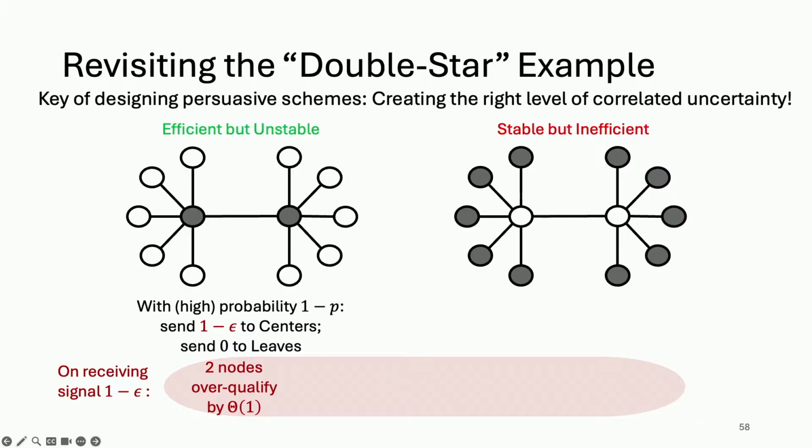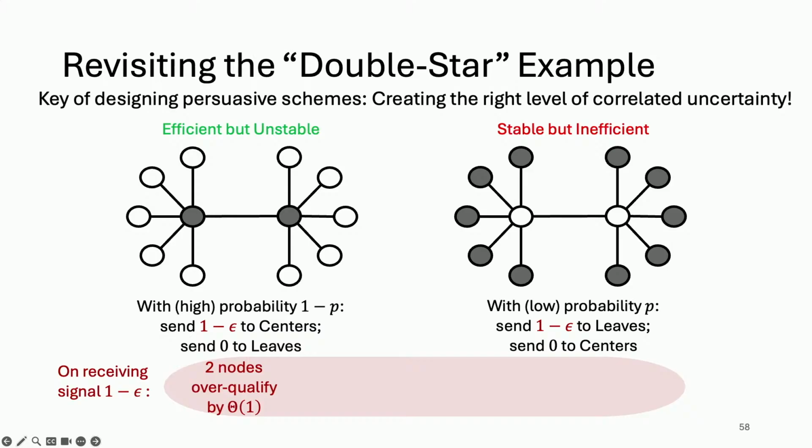In this case, if the center decides to follow 1 minus epsilon, they will over-qualify because both contribute 1 minus epsilon, so their quality will be close to 2, which is a constant bigger than 1, which is what they ideally want to achieve.